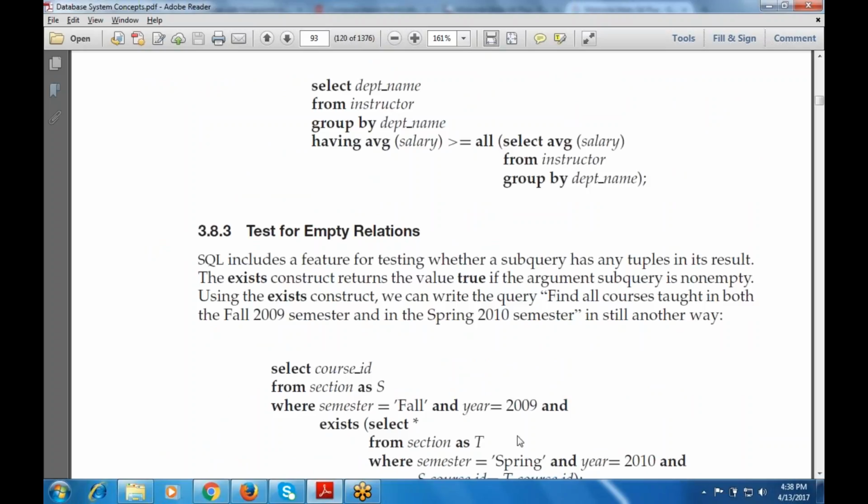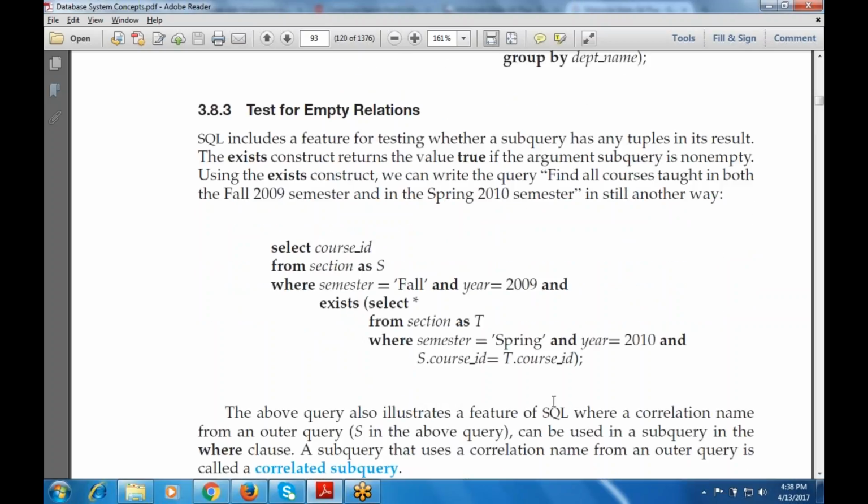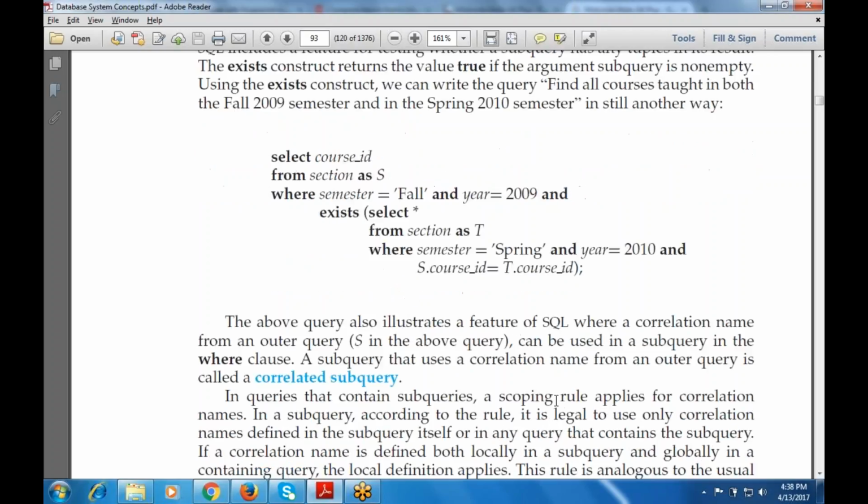Now next is test for empty relations. We are also testing for the empty relation. This is select course ID from section as S where semester equals fall and year equals 2009, and exists select star from section as T where semester equals spring and year equals 2010, and S.course ID equals T.course ID.